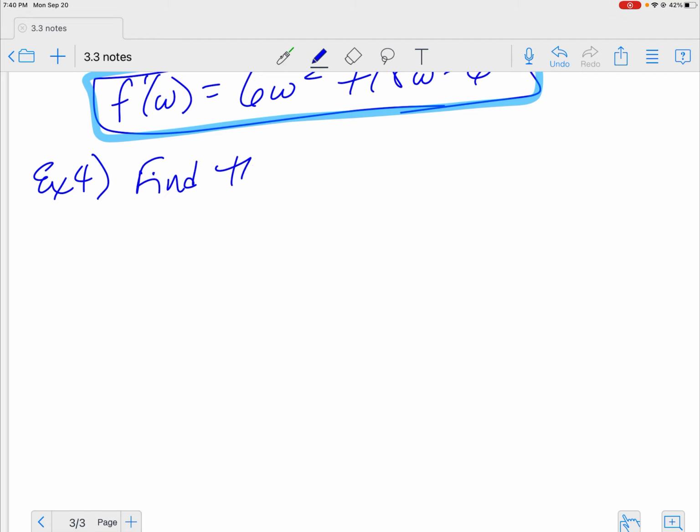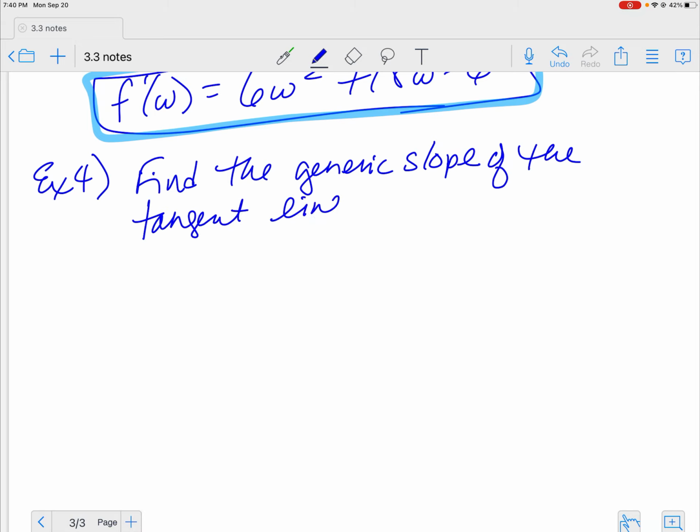Find the generic slope of the tangent line. What's a slope of the tangent line? It's a derivative. Yeah, but we don't have to do limits anymore to get it.